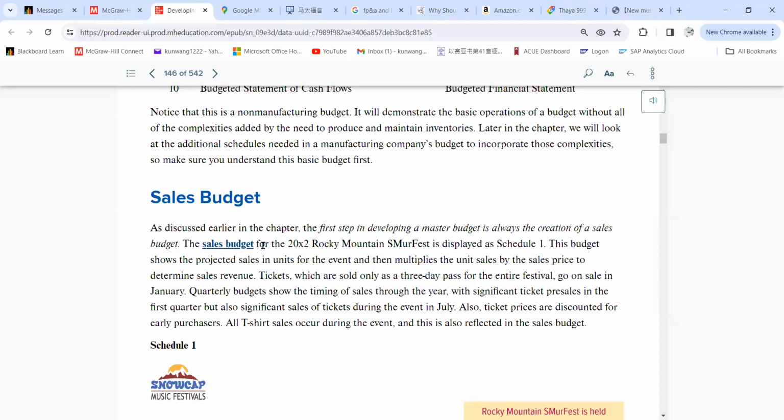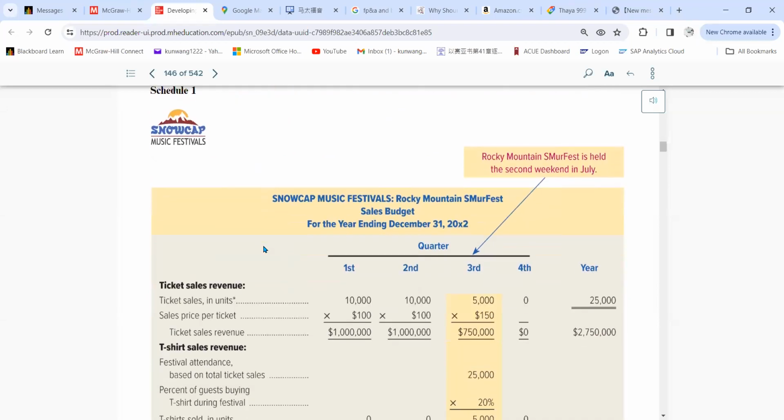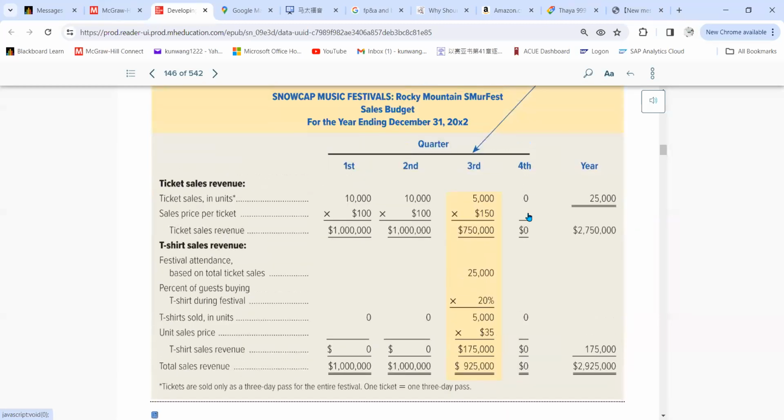So in here, we are assuming we already have the sales forecast and the ticket sales spread into the first 3 quarters. As we mentioned, the first quarter is really nothing. So the whole budgeting period actually happens only for the first, second, and third quarter, the first 9 months.